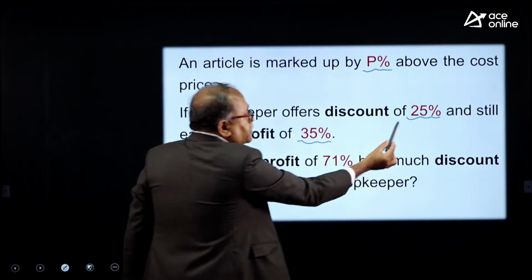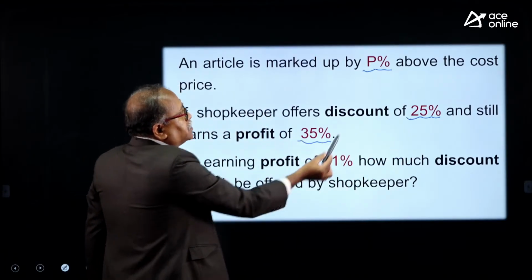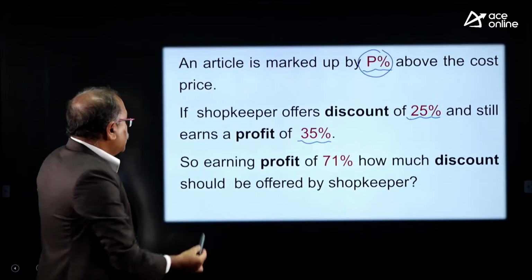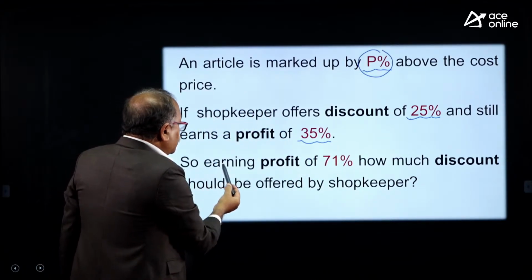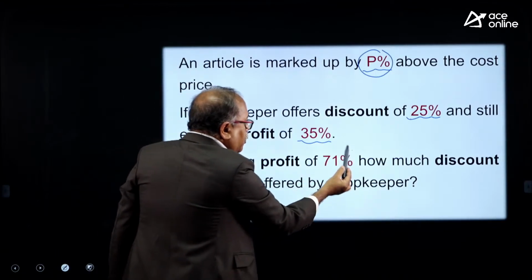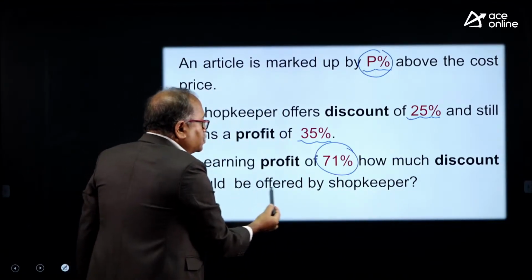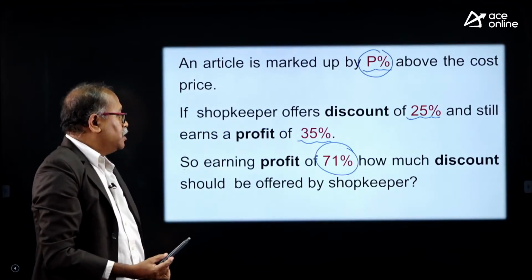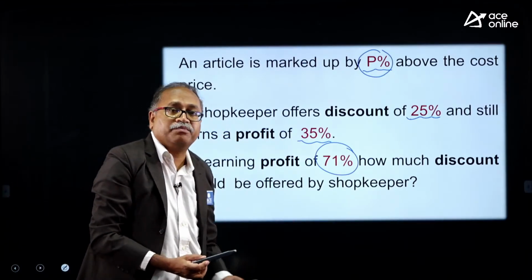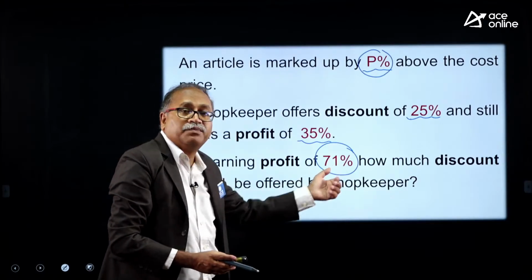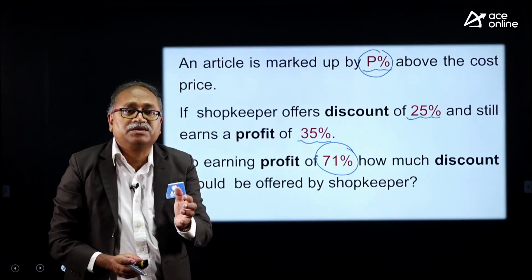So, as the discount percentage and the profit percentage are there, I can find out the P value, the P percentage. Next, earning a profit of 71%, how much discount should he offer? That means, if he wants to make a profit of 71%, what percentage discount should be given?